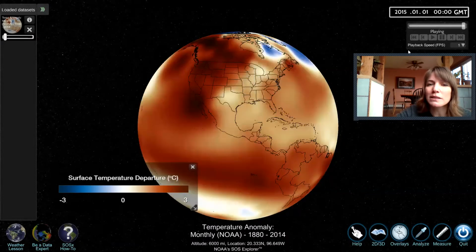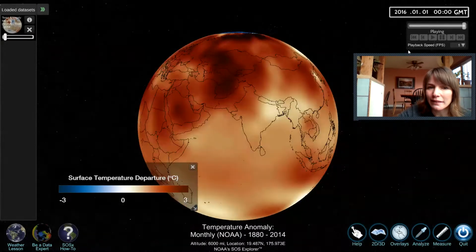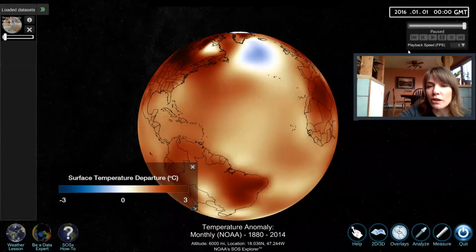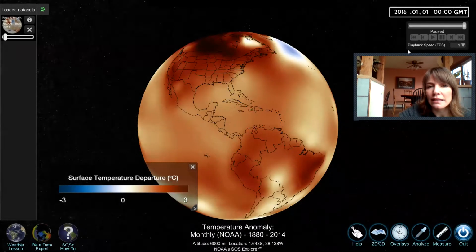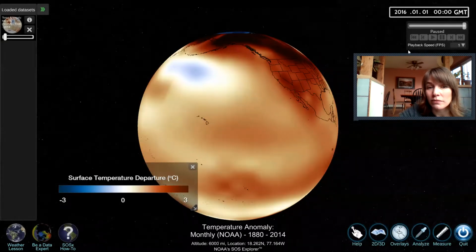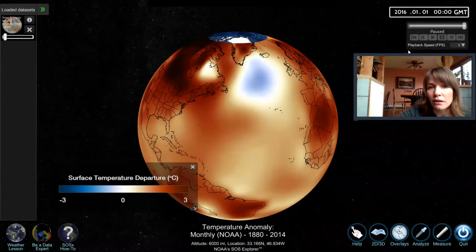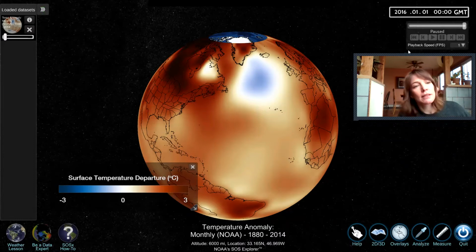However, the globe is predominantly red, which means the global average temperature is actually warmer, quite a lot warmer than normal, almost everywhere. And this pocket near Greenland is colder because of the melting ice.